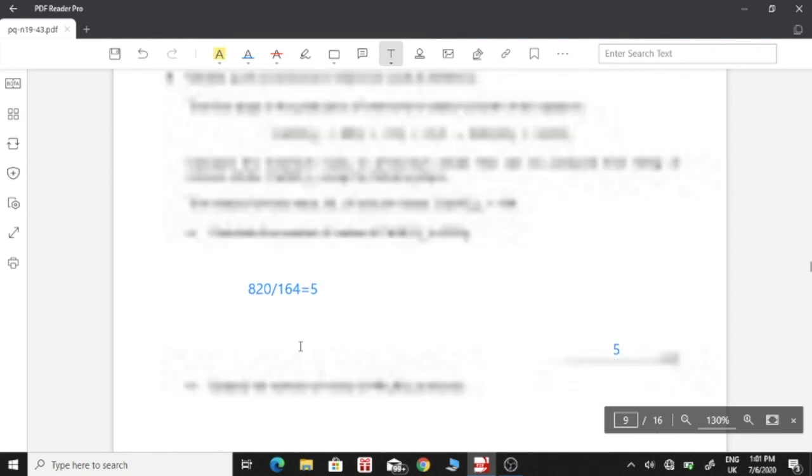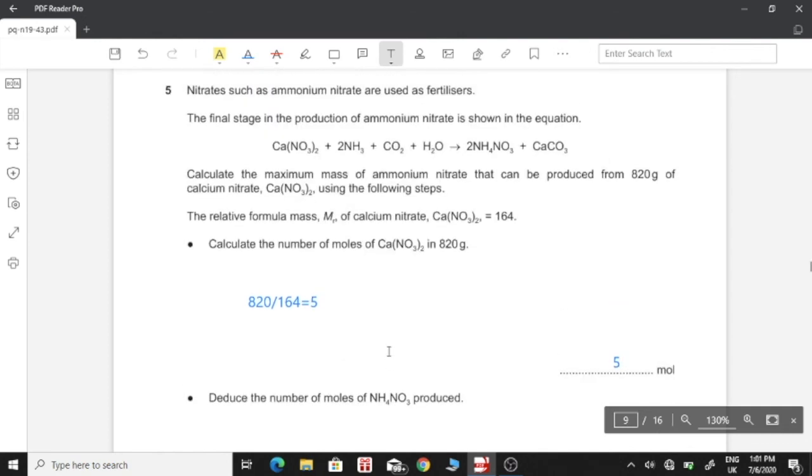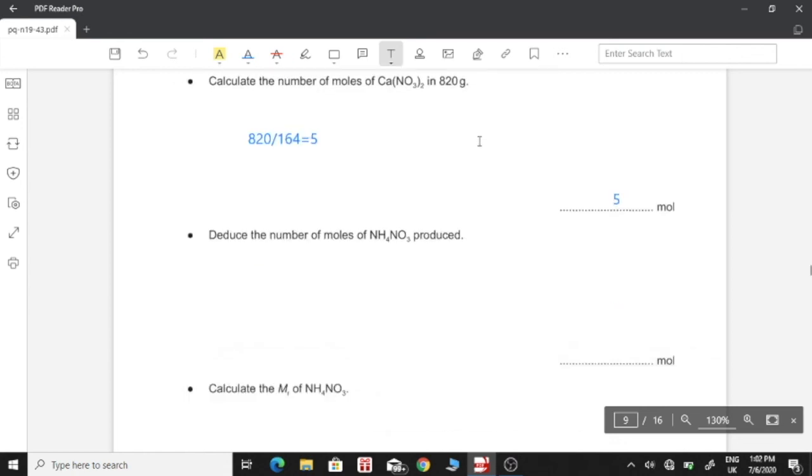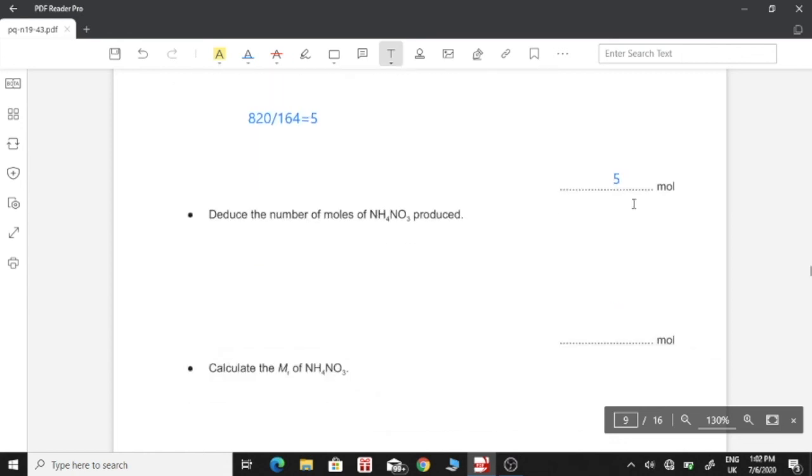In the equation you'll see that 1 mole of calcium nitrate gives us 2 moles of ammonium nitrate, which means for each 1 mole of calcium nitrate we'll be having double the amount of ammonium nitrate. So 5 into 2, the double amount of 5, is 10 moles, or 5 twos are 10. We can always cross multiply.